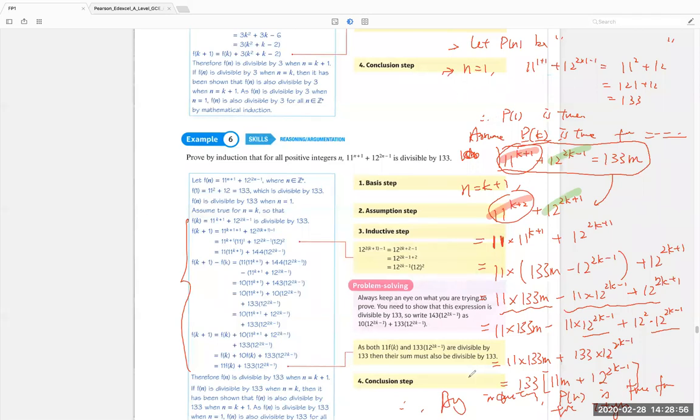Do we have to write down stuff like 133 and then brackets 1 here? No, no need. You can do it, but any number is a factor of itself, so you don't need to write it down. I missed a step here. Therefore Pk plus 1 is true.